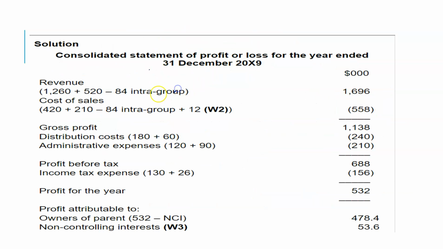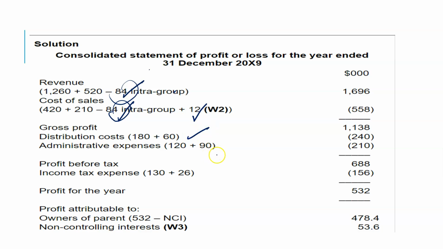So we remove it: debit revenue and credit purchases, getting rid of it. But we still have closing inventory which is too high, so I need to get rid of that by adding that on as well. Literally, that's it. Those are the main issues, and the rest is just adding everything else together.